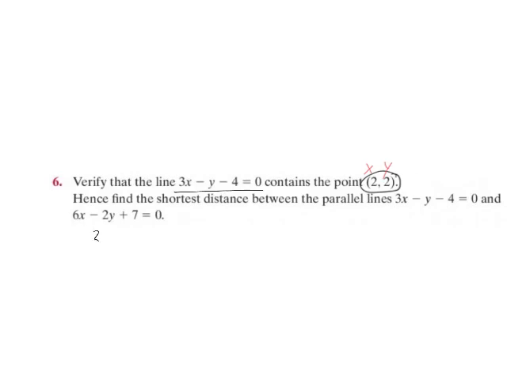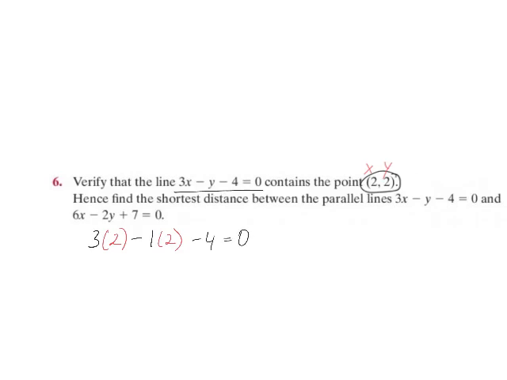So 3 times 2 minus 1 times 2 minus 4 equals 0. And we have to show that this is true.